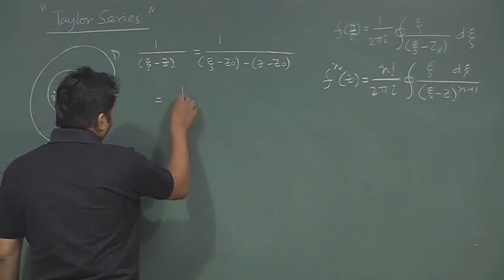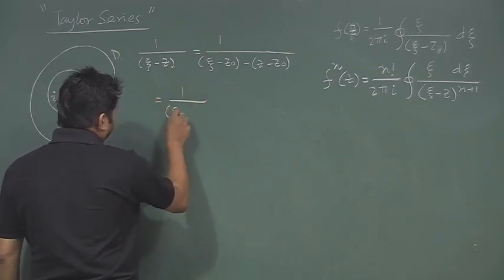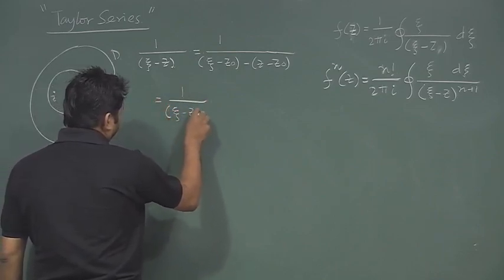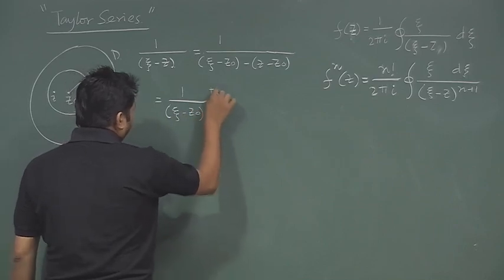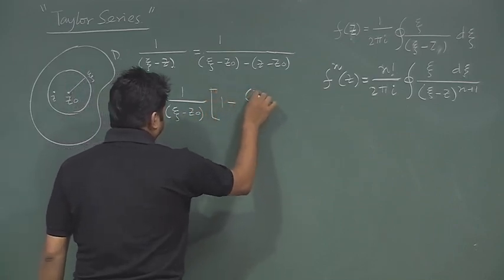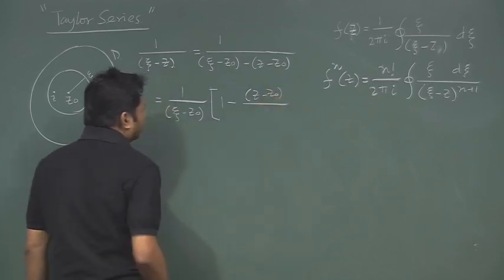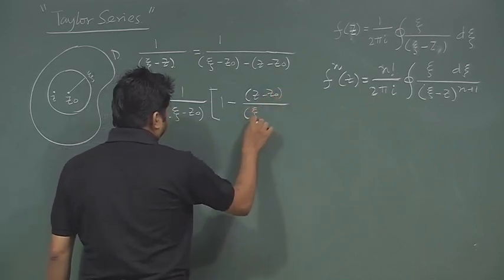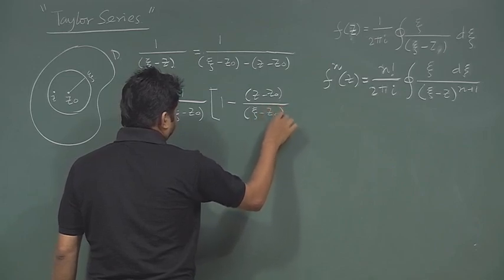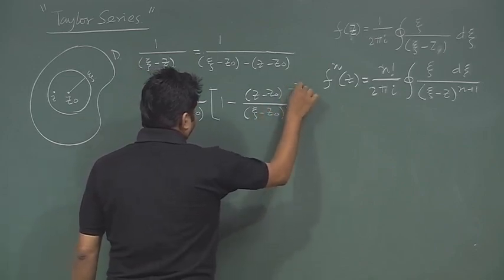Now, what I will do is take xi minus z0 common out of here, and I will have an expression z minus z0 divided by xi minus z0, whole to the power minus 1.